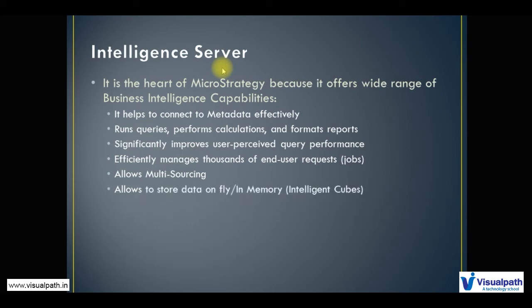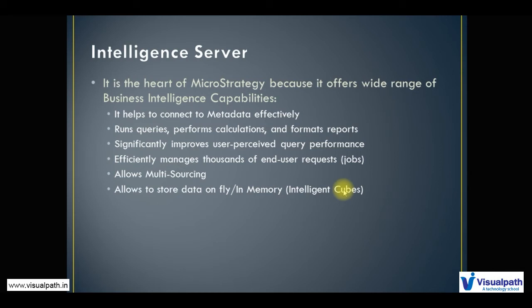Next point, it allows you to store data on the fly in memory, okay? There is an object called Intelligent Cube in MicroStrategy which helps you to store data in memory. Through the Intelligent Cube, every time a user runs that report, it will not go and fire the query against the data warehouse.